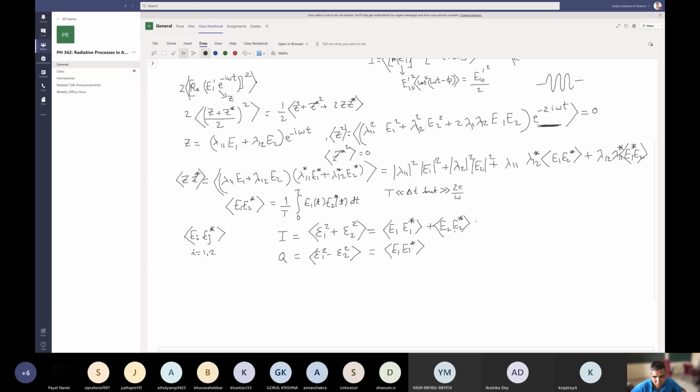So even though E1, E2 are complex, they are arranged such that the result is real. Basically, I star is equal to I. You can actually show it. Then U, which was 2 E1 E2 cos of phi1 minus phi2. Here again, phi1 and phi2 are slowly varying in time.